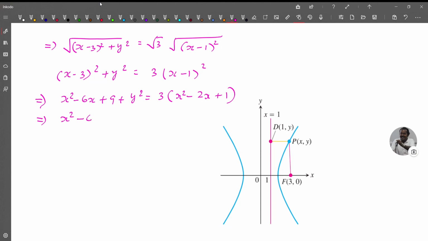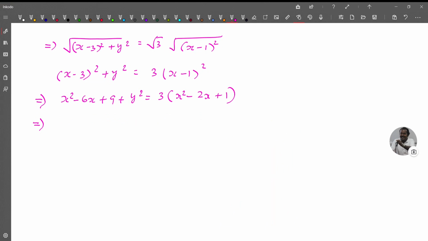So this implies x square minus 6x plus 9 plus y square minus 3x square plus 6x minus 3 equal to 0.